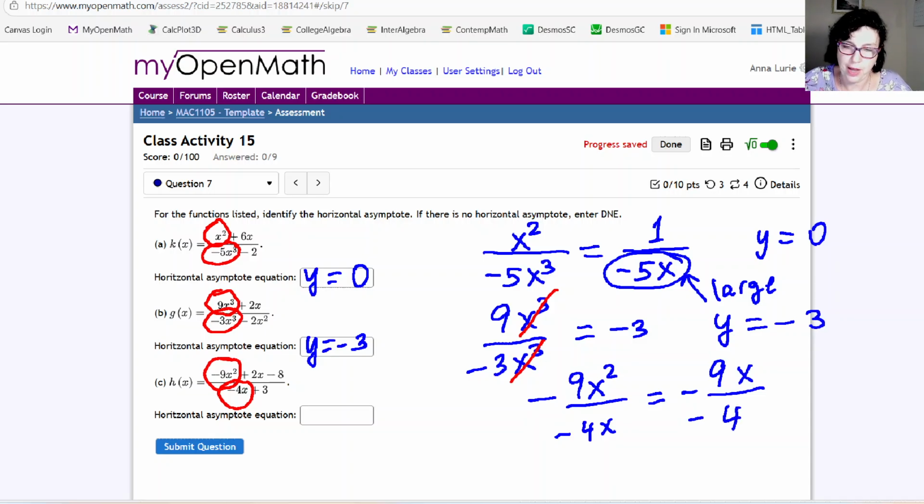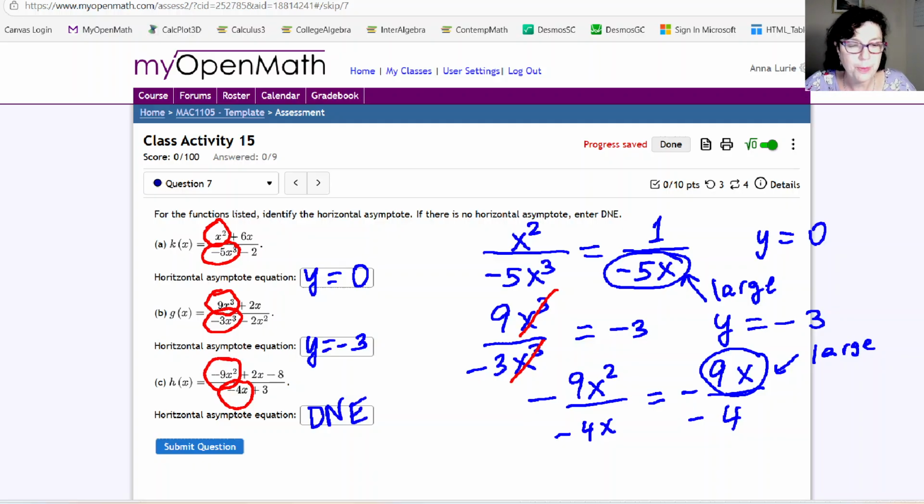Forget about these two minuses, it really doesn't matter. We have something very large on the top. And if you have something very large on the top, that thing is not going to approach anything. It's not going to at some point level off and just get closer and closer to some number. It's just going to keep getting larger and larger and larger. And what that means is that you're not going to have a horizontal asymptote.